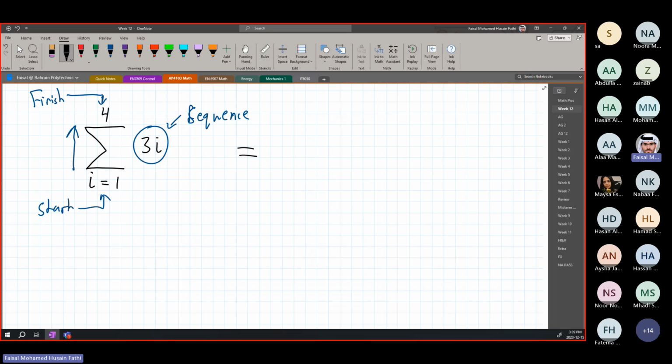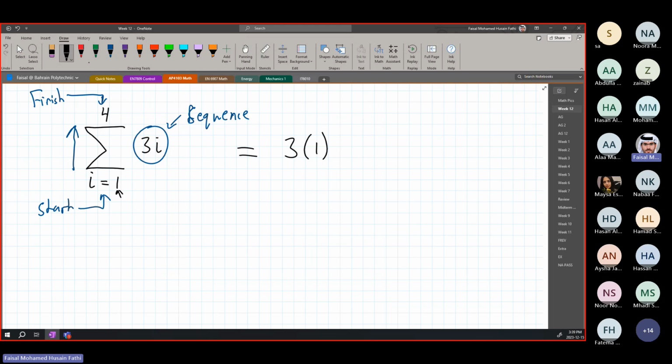So what is the sequence? It's 3i. But instead of i, I'm going to write the start of i. So i starts from what? i starts from 1. So it's going to be 3 times 1. You are basically substituting the starting number for your starting value. So 3 times 1 basically. Now we're done with this equation. We're going to rewrite it again, but with what?